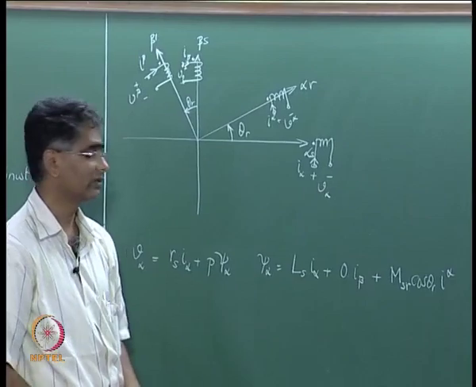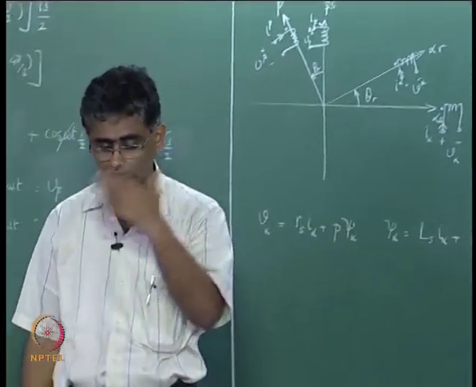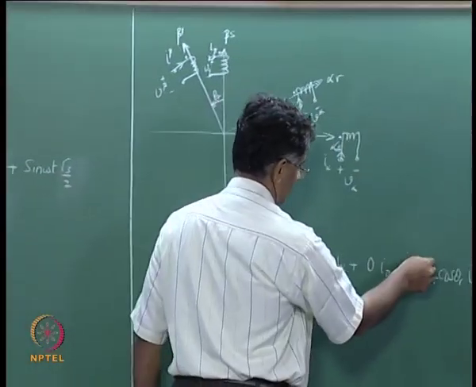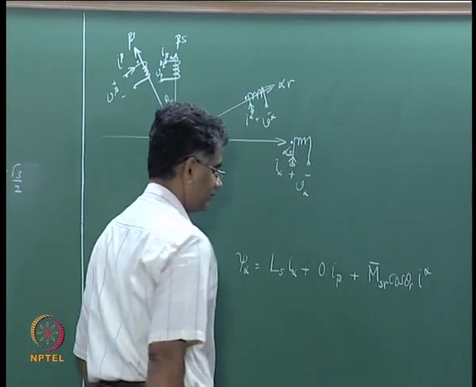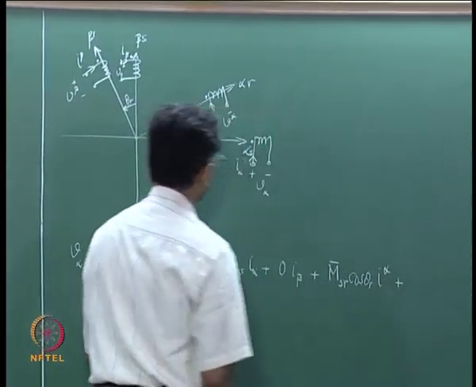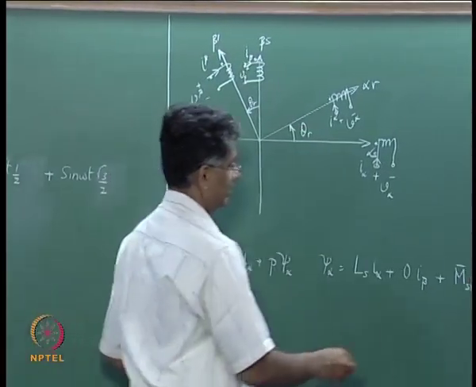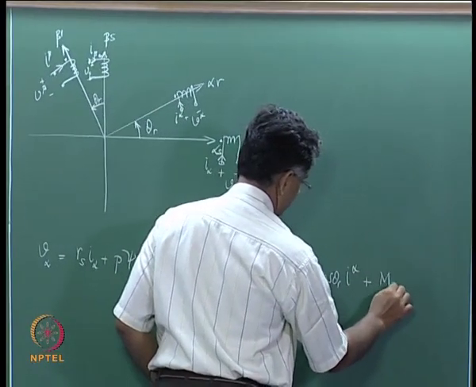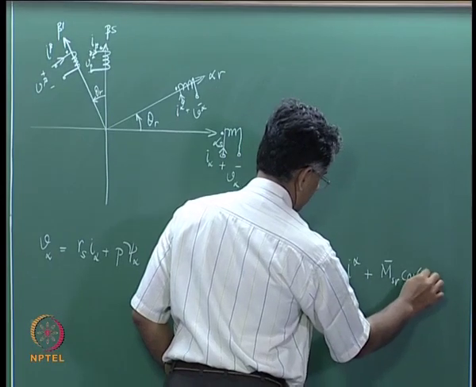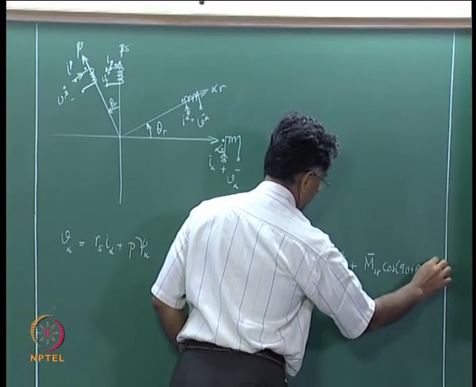In order to distinguish this MSR from whatever we had written earlier as MSR in the 3-phase machine case, we will simply call this as MSR bar, and then you have a flux linkage due to this coil here, and that is MSR again into cos of 90 plus theta r multiplied by I beta.